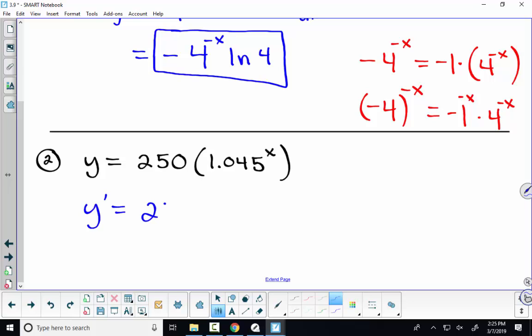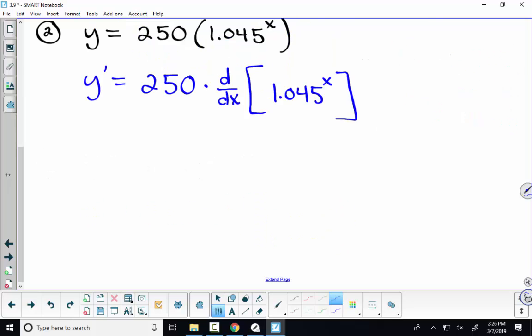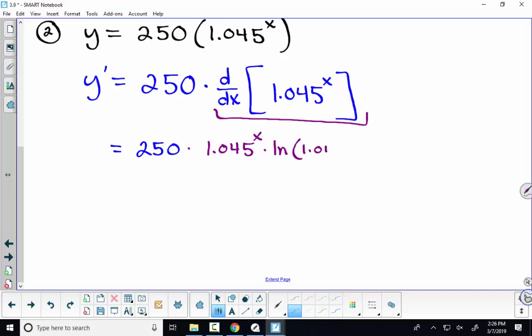So y prime is, let's write it this way, 250 times the derivative of the exponential 1.045 to the x. So what's the derivative of 1.045 to the x? 1.045 to the x times natural log of 1.045 times 1 times 250.